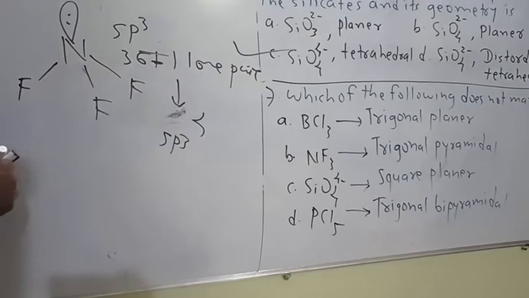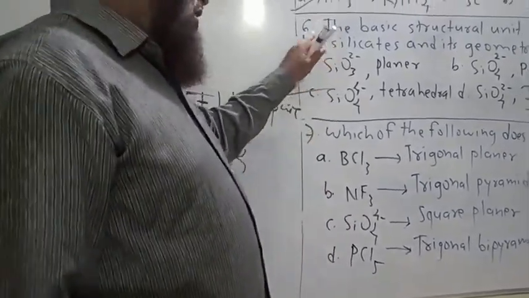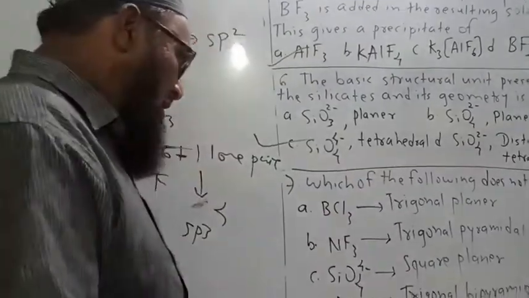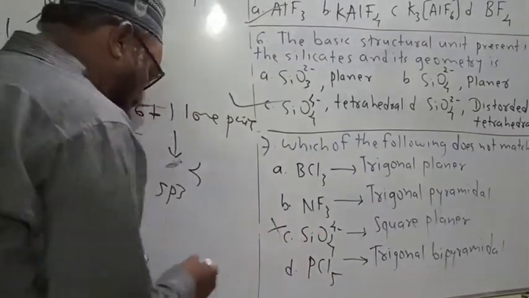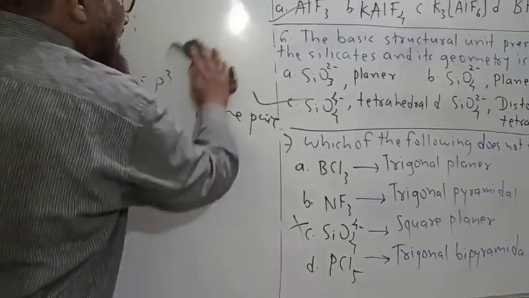Then SiO4 4-minus square planar, not possible. I just mentioned in question number 6 it is tetrahedral. This is not matched completely. Then PCl5 must be matched as trigonal bipyramidal.